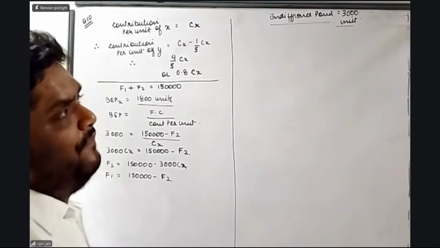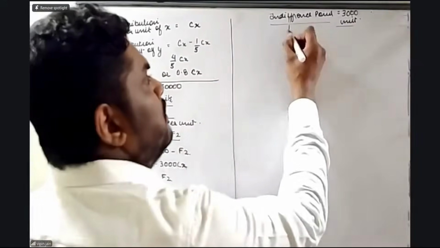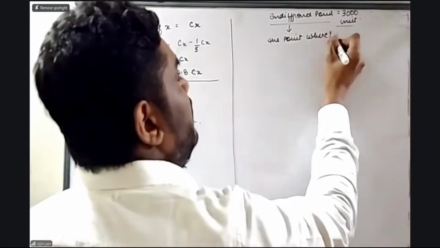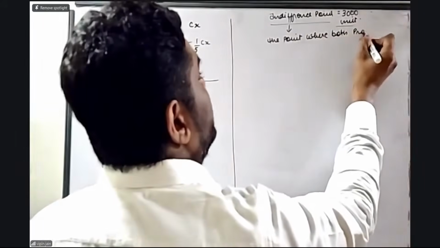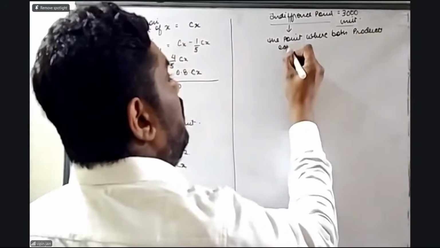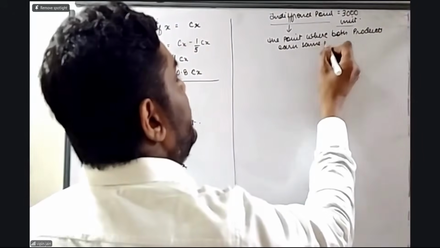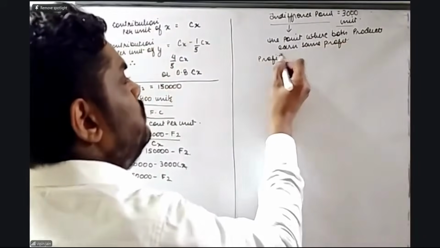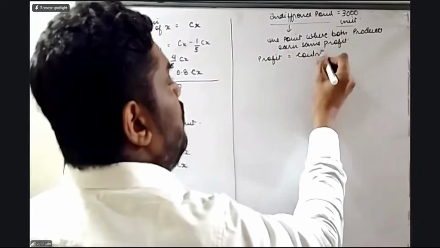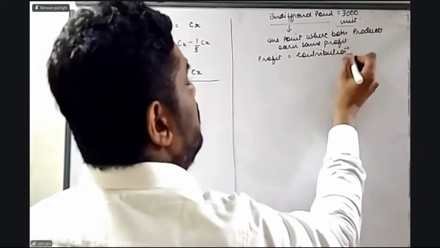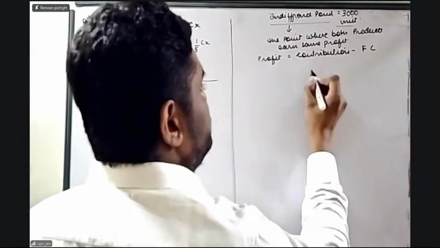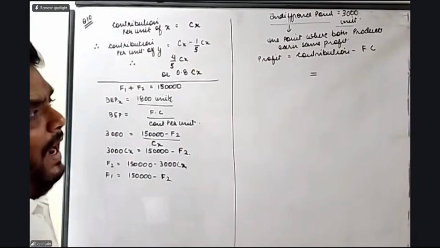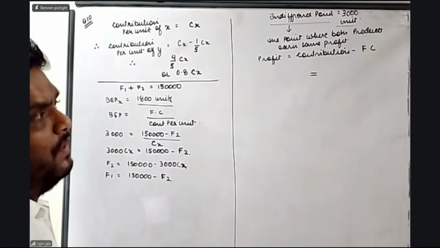Indifference point is the point where they both earn the same profit. So see guys, indifference point is 3000 units, the point where both products earn the same profit. And how will we calculate profit? Profit is equal to contribution minus fixed cost. So at the indifference point, both the products will earn the same profit.